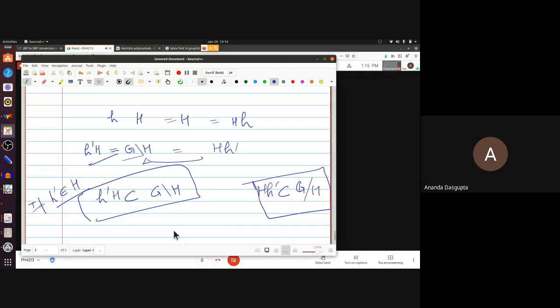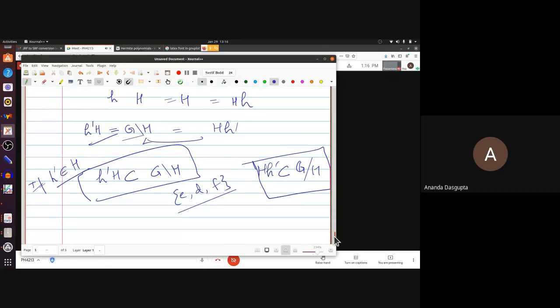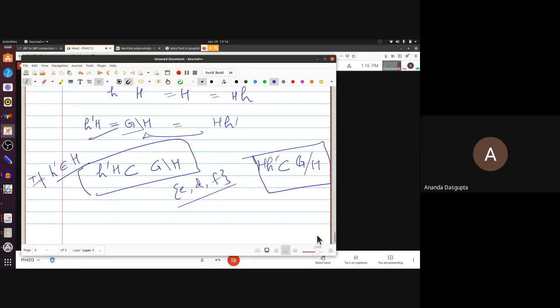If you look at the example, here you had E, D, F as your 3-element subgroup in the 6-element group E, A, B, C, D, F, S3, right? What were the cosets? Left cosets were EDF and ABC. If you took E with this, you got this.